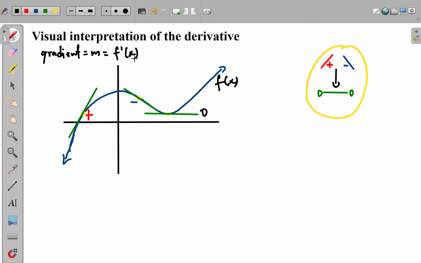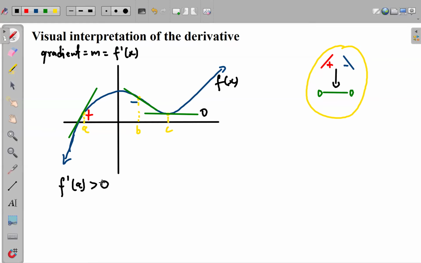x. Now right here, I've got a point, let's call this point A, and right there, a point, let's call that point B, and right there, a point, let's call that point C. It is important that we note that the gradient at point A is actually positive.